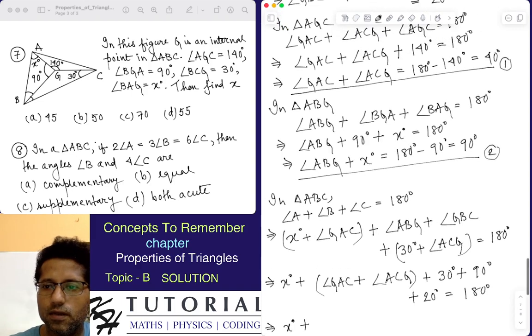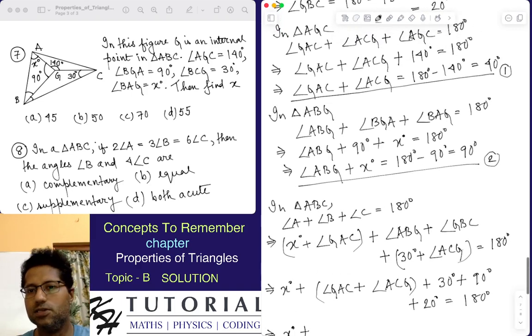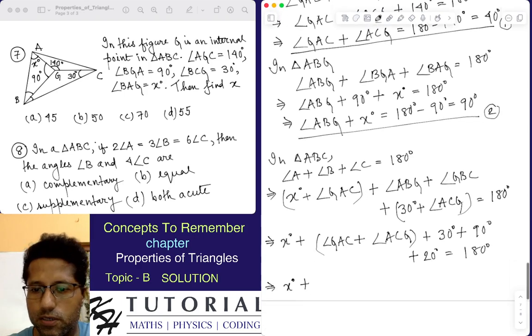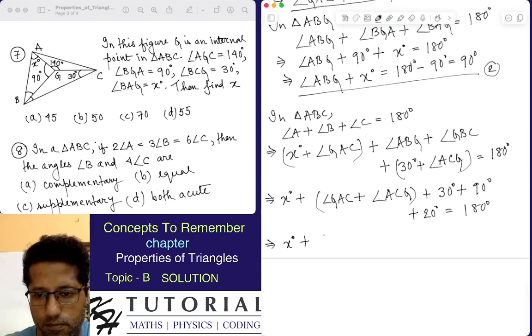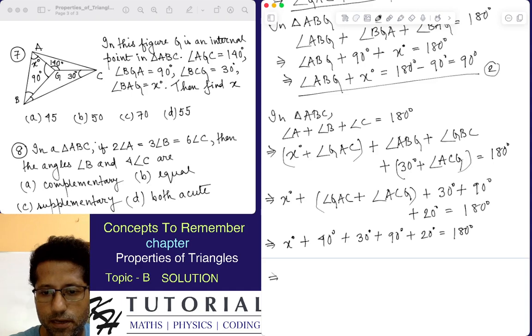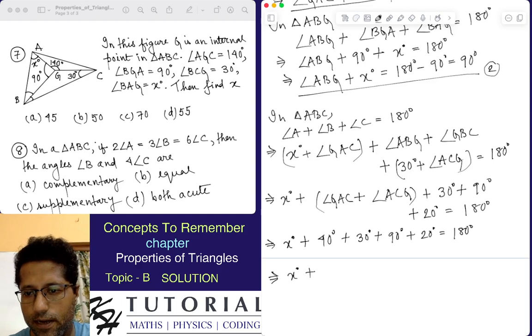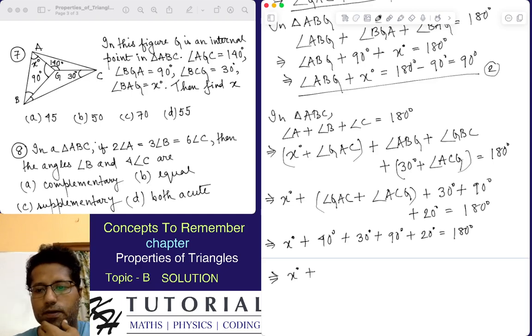We have found in equation 1 that angle GAC plus angle ACG is 40 degree. So we can substitute 40 degree here, and we get 30 degree plus 90 degree plus 20 degree is equal to 180 degree. This implies x degree. If we add 40, 30, 90 and 20, we get 50, 180. How come? No. It is cancelling out.